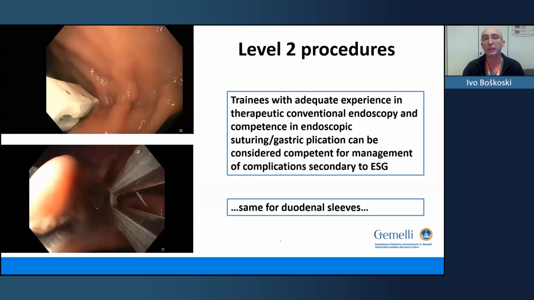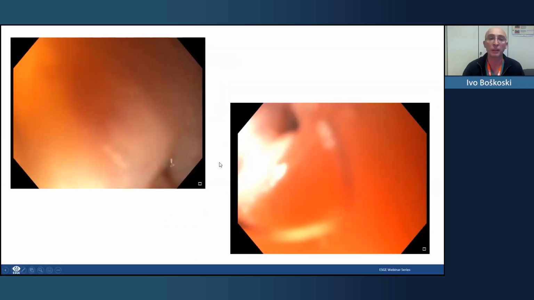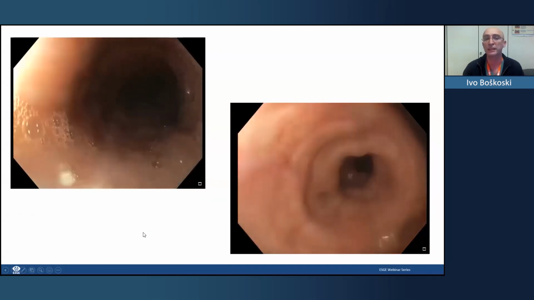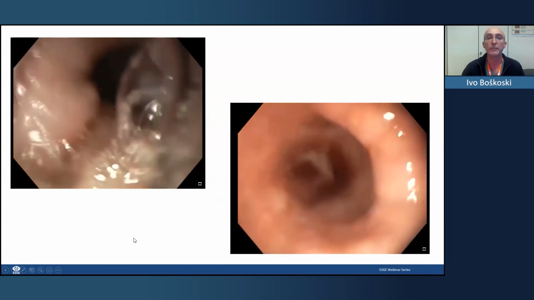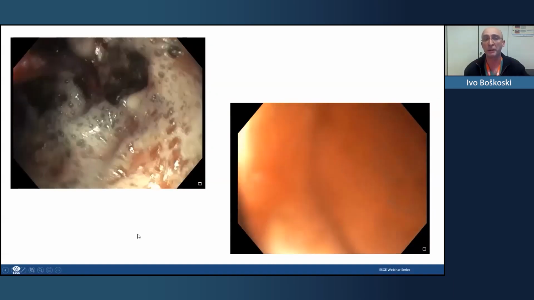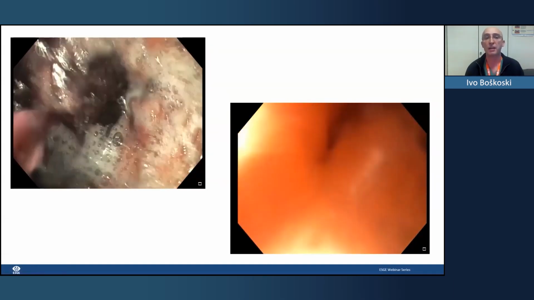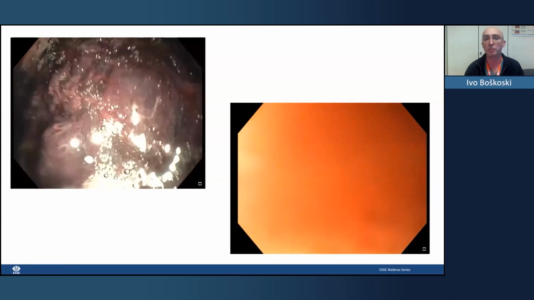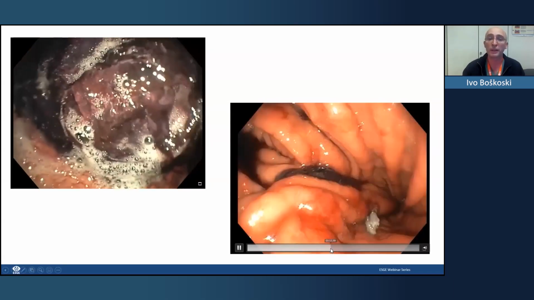Why? If you go directly on suturing and you are not competent, and you have this situation here: this is a patient that 4 days after endoscopic sleeve gastroplasty vomited blood, and when we did gastroscopy, there were very big clots inside, and still the patient bled and so on. So you should be an expert in these.